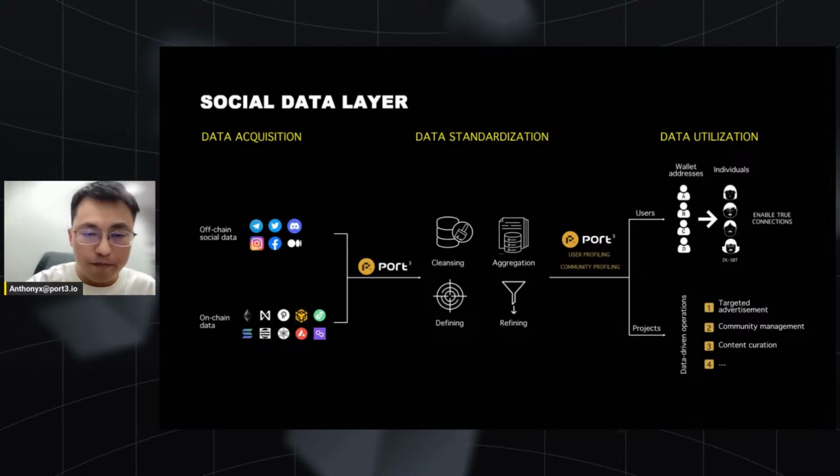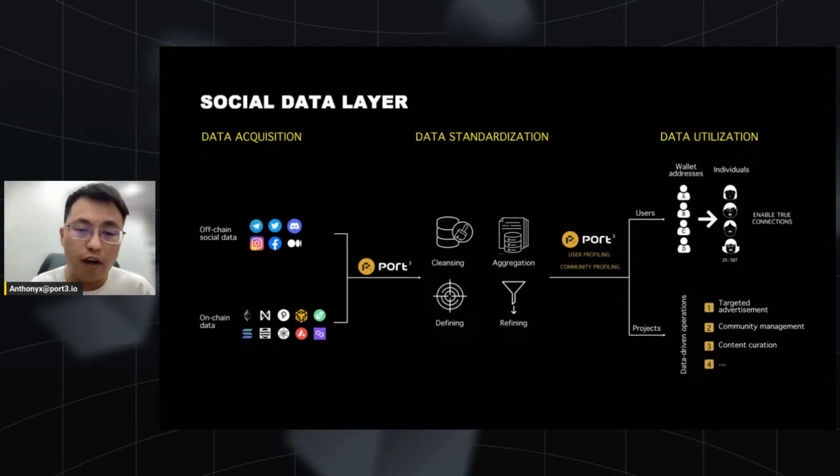Then we do aggregation because we need to protect users' privacy. After aggregation, some data can be used. For example, we aggregate it into metrics like an active index that is useful for third-party applications, but privacy-free for users.